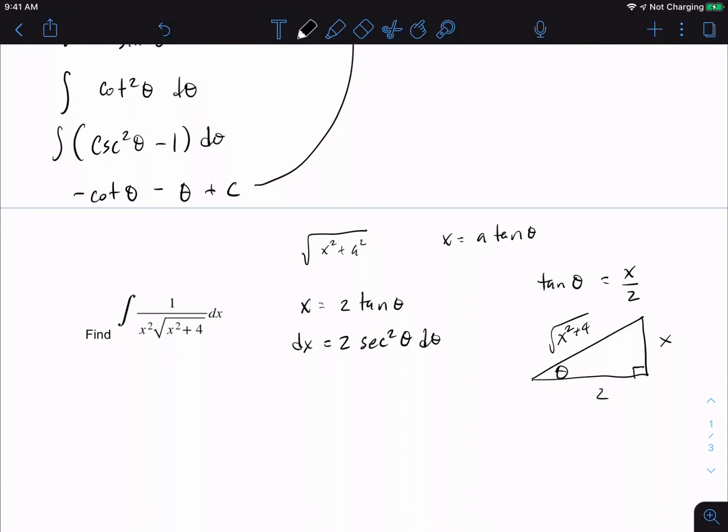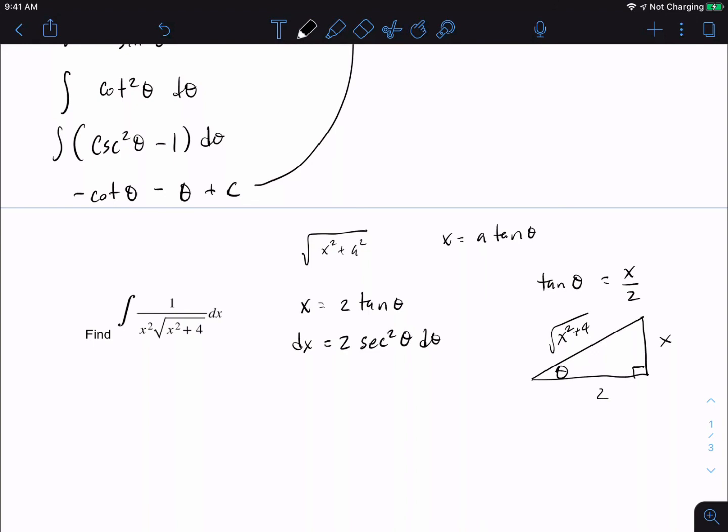Does that make sense? So this ends up being the thing that helped us decide what we use to substitute with. Does that make sense? It shows up in our triangle. Okay.